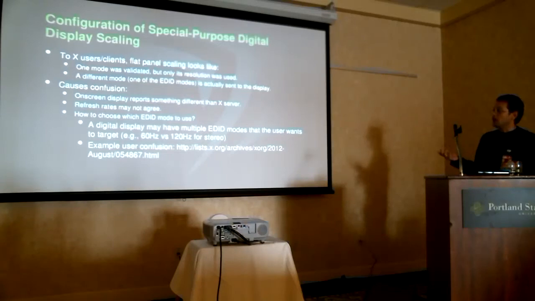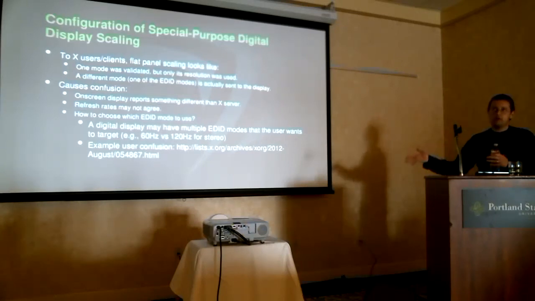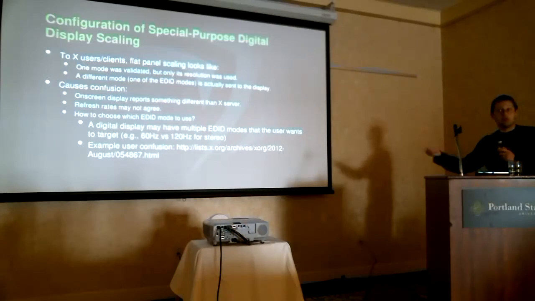So this would cause a variety of confusion. For example, on-screen displays reporting something different than what is reported through the API to the user. Worst case, refresh rates may not agree. And then if a display device says I support these three modes in the EDID, and you're implicitly converting to one of those modes, how do you choose which one inside the driver?